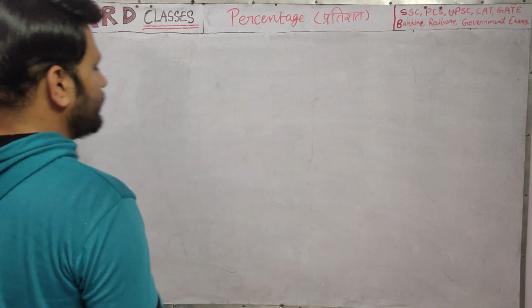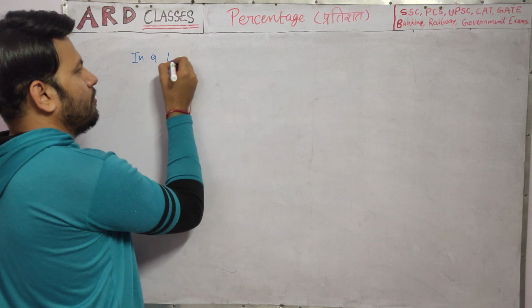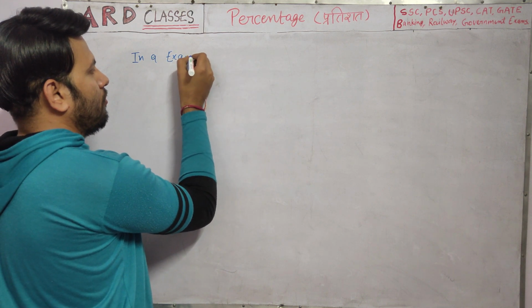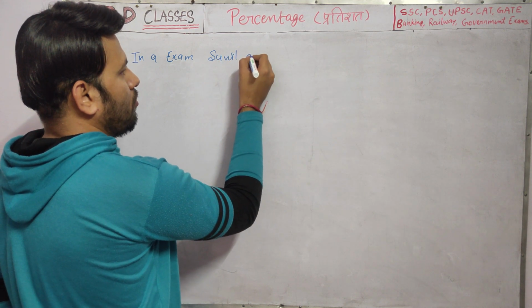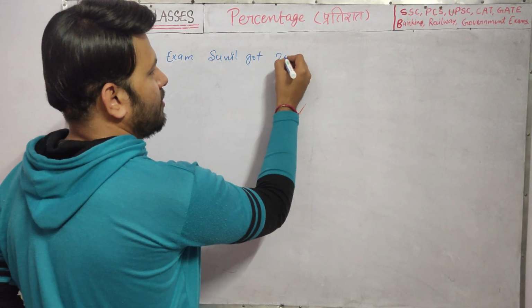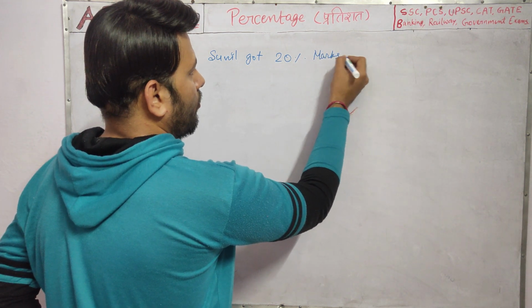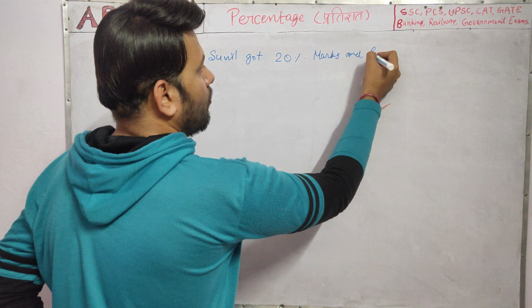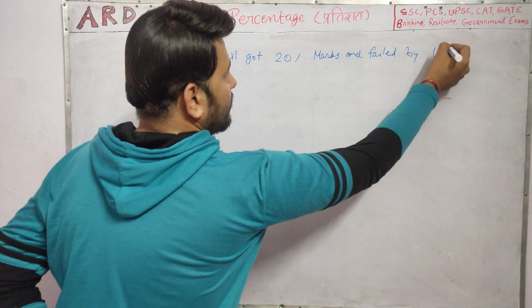For example, in an exam, Sunil got 20% marks and failed by 10 marks.